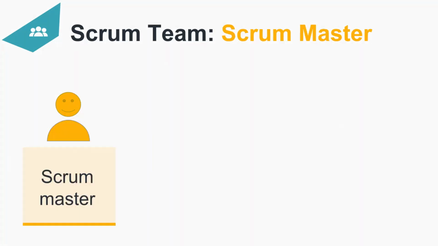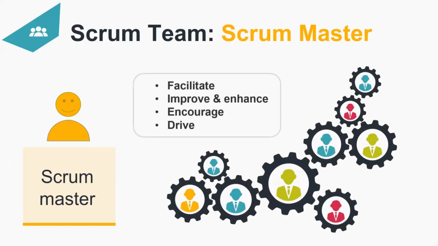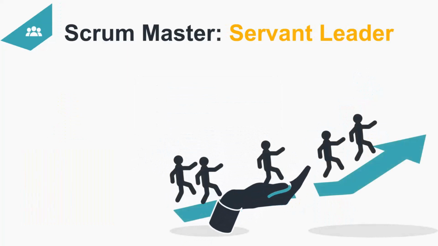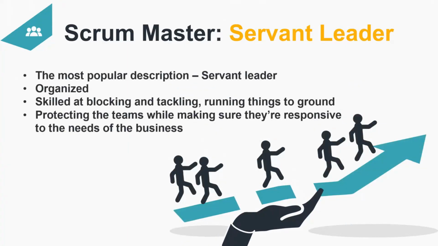Scrum Master. When I try to describe what a Scrum Master should do for the team, I use words like facilitate, improve and enhance, encourage, and drive. The most popular description of this role is servant leader. A true servant leader is there to help teams to do their best work.